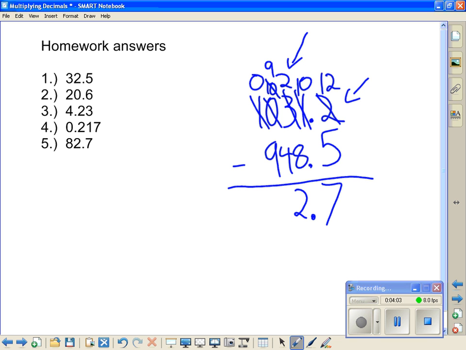It goes to the 2. So that becomes 12. Now, finally, can we do 12 minus 4? That gives us 8. Then 9 minus 9 gives us 0. 0 minus nothing gives us 0. So we should end up with 82.7. And that's the answer.